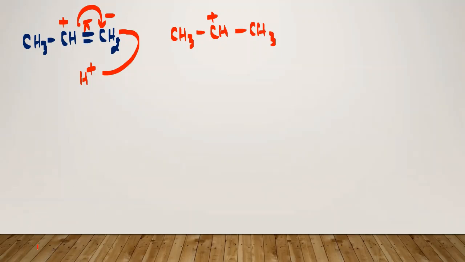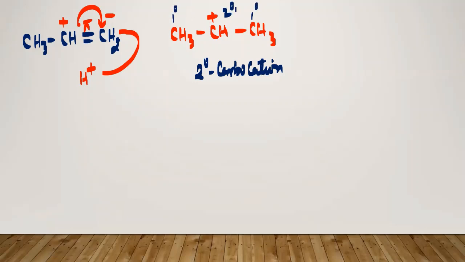Okay. So dear friends, I'm not discussing any mechanism here. I'm just showing you a simple trick how to remember this particular thing. Have a look now here. This is a 2 degree carbon here, so we are getting 2 degree carbocation. First of all, we have to see whether rearrangement is possible or not. On the right side, you have a 1 degree carbon, and here also 1 degree carbon.